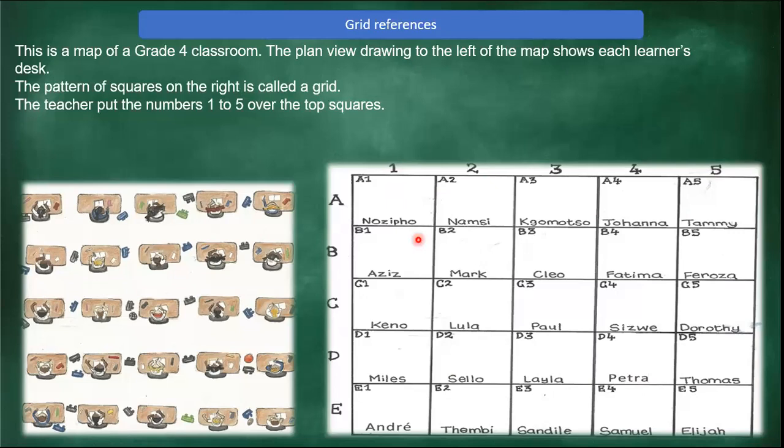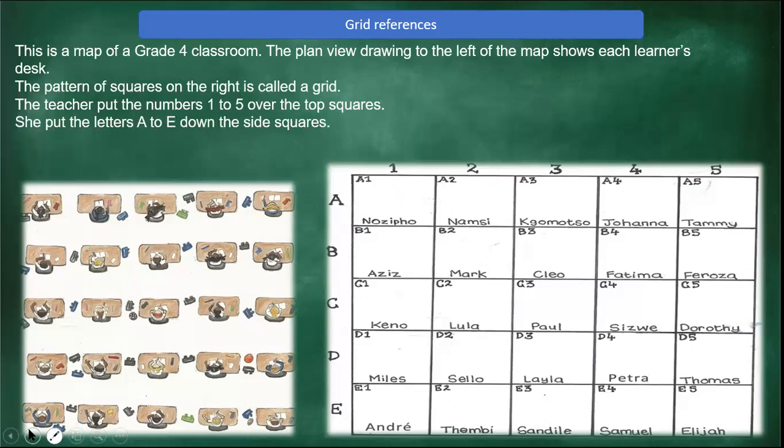On the left-hand side in this map for the grade 4 classroom, we have 1, 2, 3, 4, 5, which means we have 5 learners.